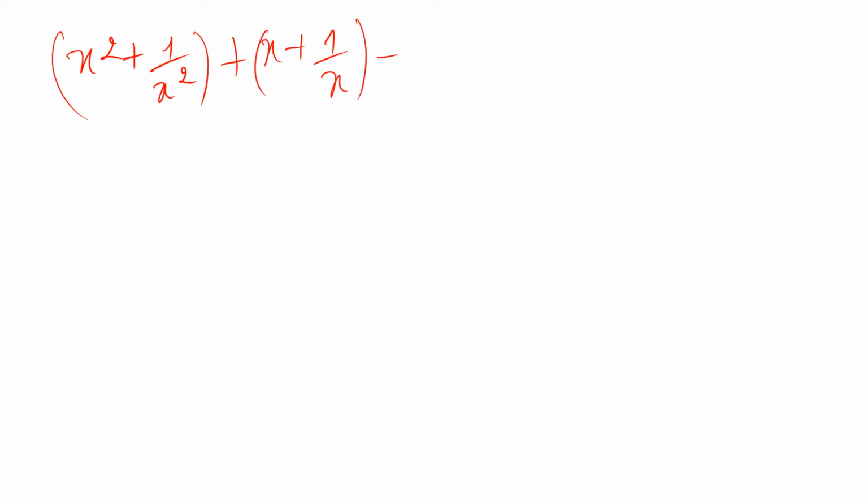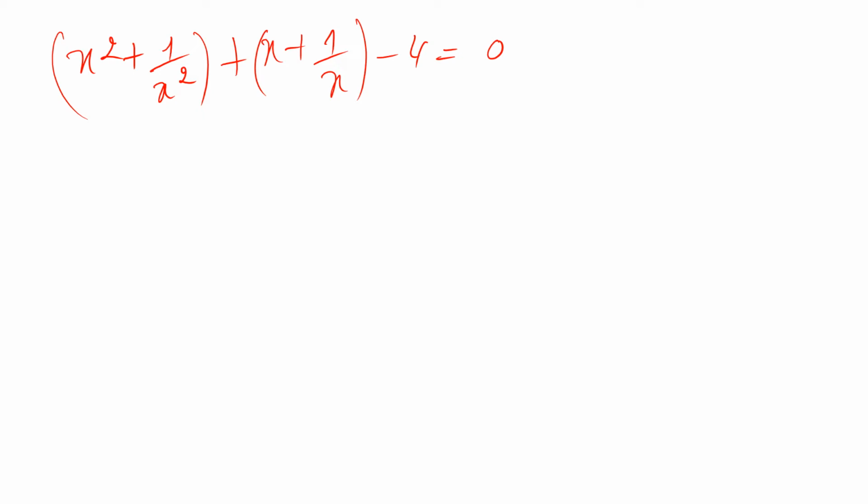Okay, our equation is x squared plus 1 over x squared plus x plus 1 over x minus 4 equals 0.